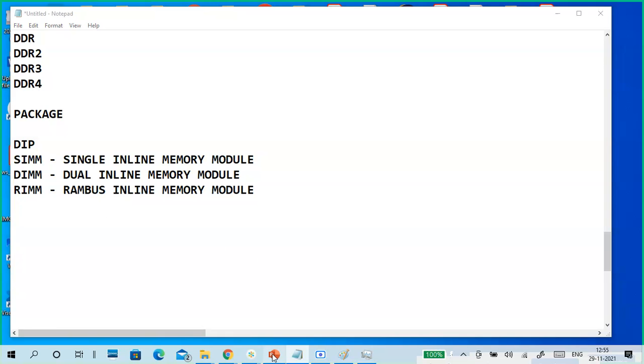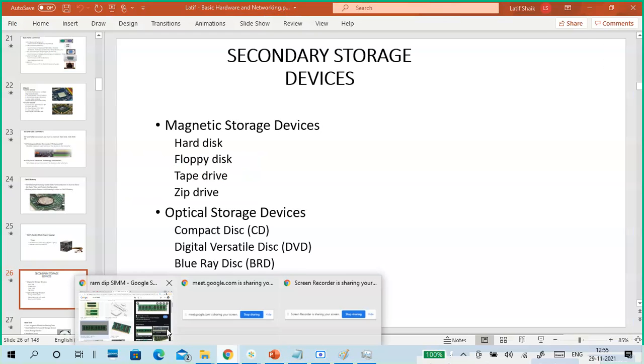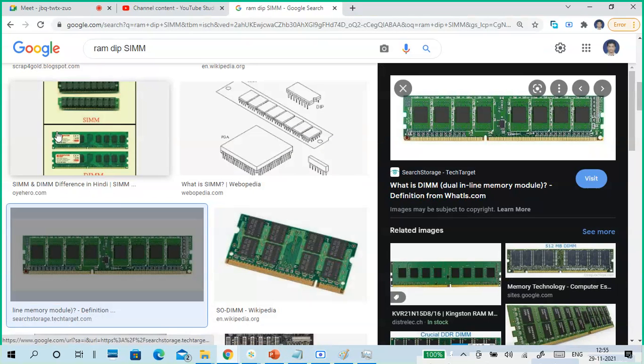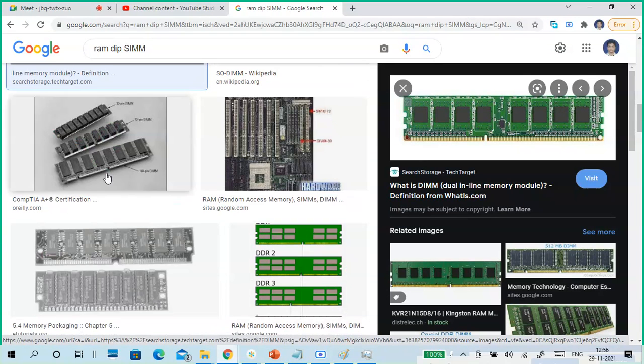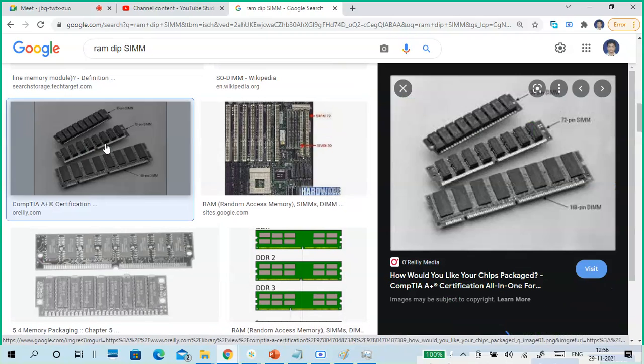Very simple. If you see a RAM, you can see the golden pins at the bottom. There is a numbering system, a chip design given like that. See, this is a SIMM and this is a DIMM. It is showing 72 pins, right? So 1 to 72 pins only.